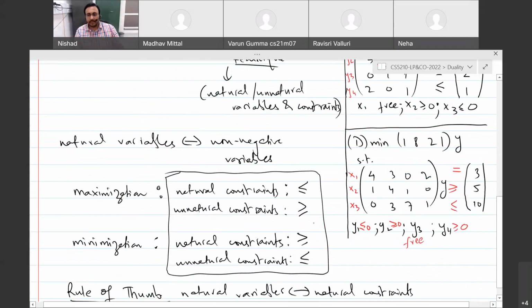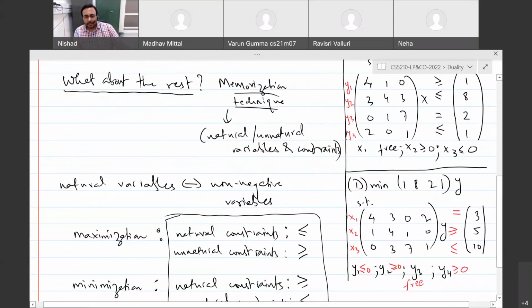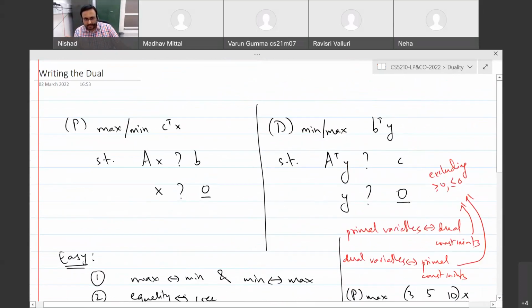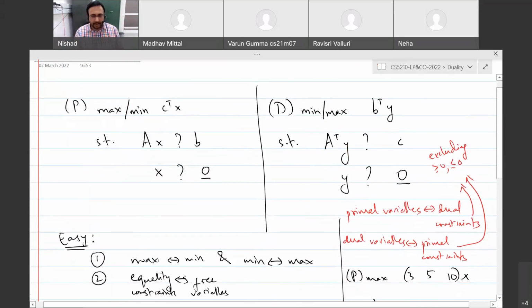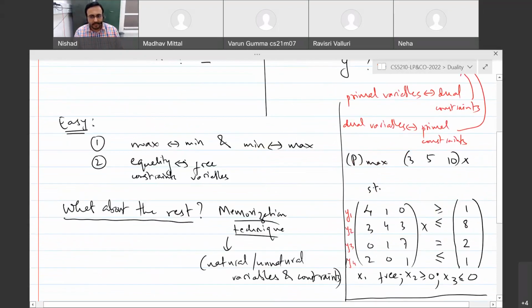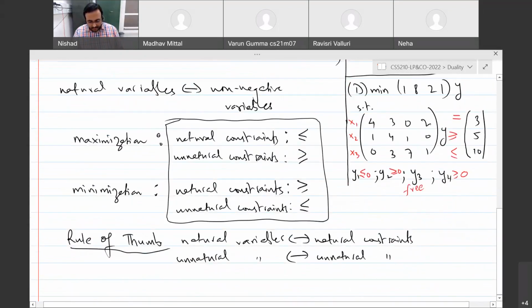Okay. All right. So this is how you write the dual of any linear program. Right? So anytime in life you are faced with writing the dual, I hope that this course will at least help you in writing down the dual of any arbitrary linear program. All right.